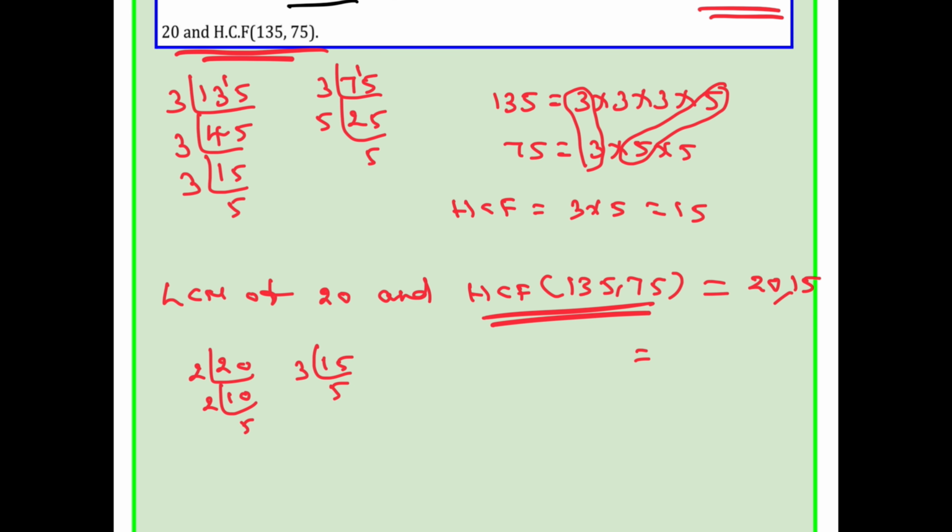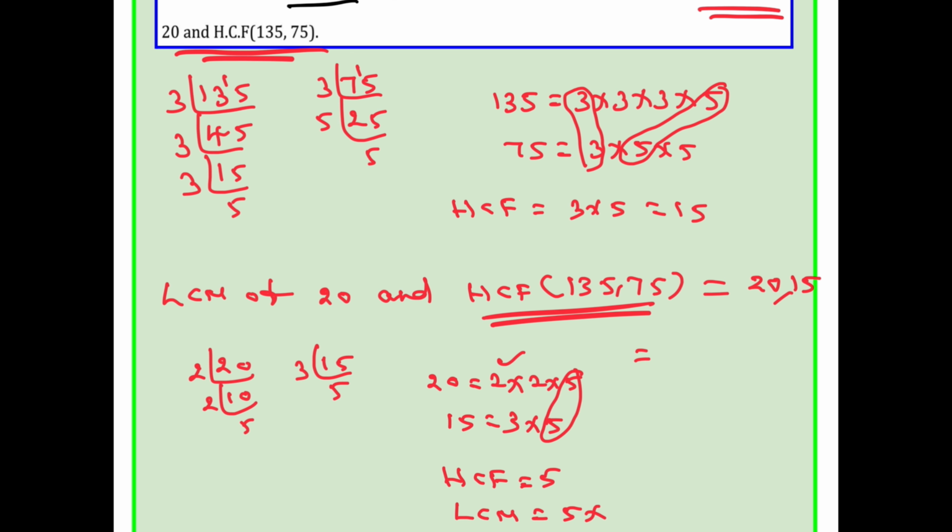That is 20 equals 2 into 2 into 5, 15 equals 3 into 5. Then HCF means which is common: 5. But we need LCM here. LCM means which is common and which is not common also I have to write: 2 into 2 into 3. That is 5 twos are 10, 10 twos are 20, 20 threes are 60. Therefore LCM is 60.